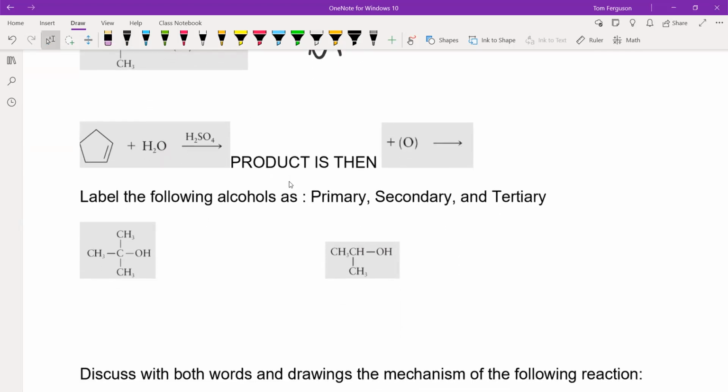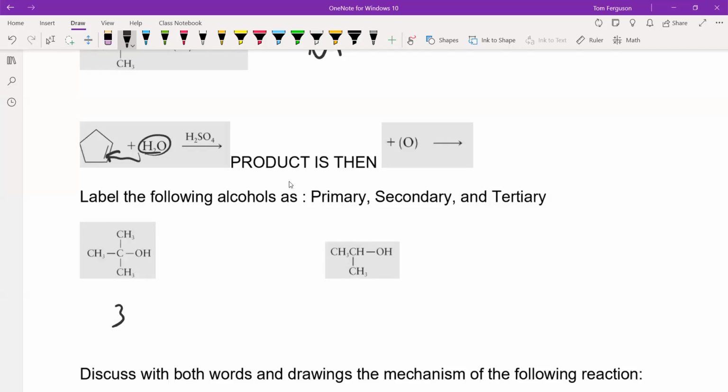Okay, this one is exactly the same problem as that first example we went over, and we're getting low on time here. So just look up at the first example, exactly the same thing. Basically, we're going to add water across that double bond, and we're going to end up with an alcohol. And then the alcohol is going to be oxidized to either an aldehyde or a ketone.